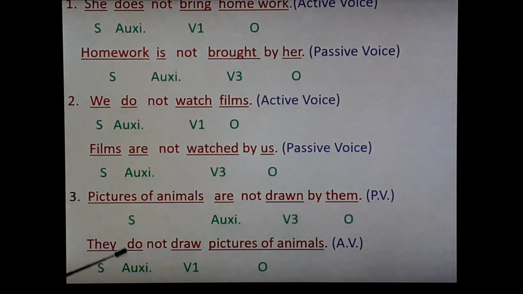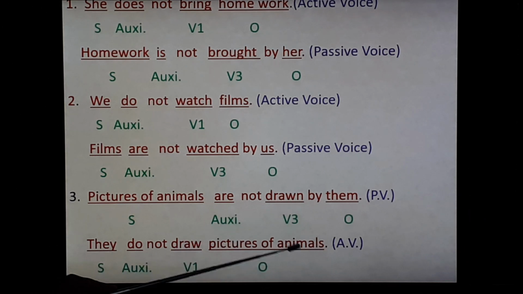And this is third person plural, that's why do will come and not does. They do not, negative sentence, that's why not. Then here the V3 form is given, so turn it into V1: drawn becomes draw, the V1 form, main form, base form. After that you have to write the object, pictures of animals. Here it is the subject in passive, which becomes the object in active.